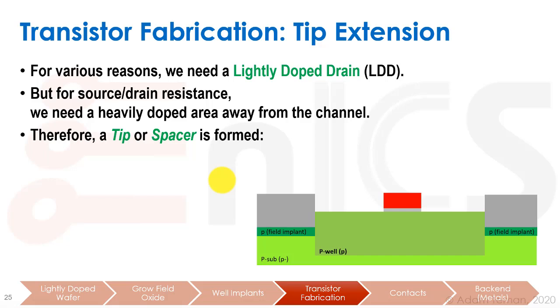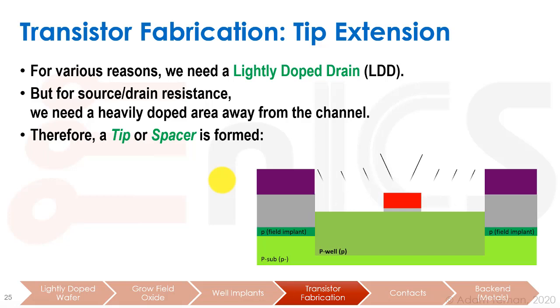So let's see how this is formed, and then we'll understand what it is. So we do our photolithography. Now we cover up these oxides over here, and we shoot our ions at a little bit of an angle, and this angle helps us because it makes the source and drain actually go a bit underneath the channel, and we can get a smaller L effective than the L drawn.